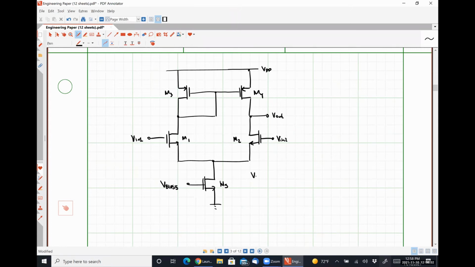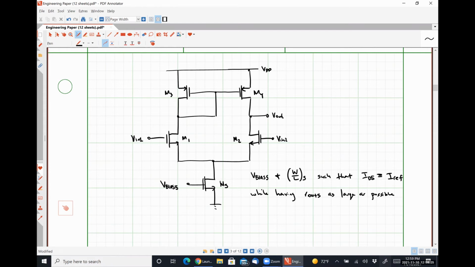So we will have to choose V bias 5 and W over L5 such that ID5 is as close to our reference current that we designed this guy for as possible, while having R out 5 as large as possible.